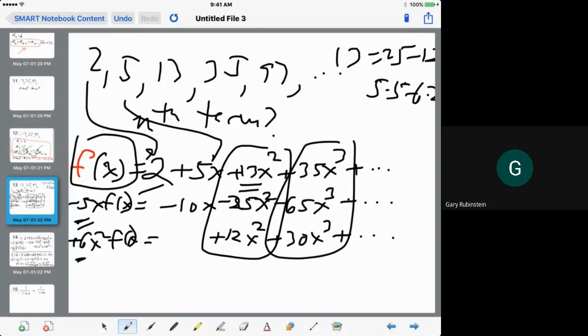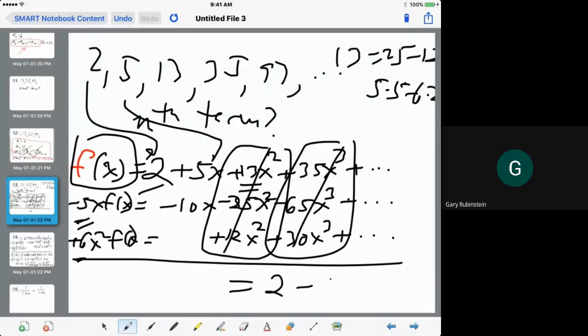And yes, Patrick says add them, and that's right. Because when you add them, almost everything cancels out, except for 2 minus 5x on the right-hand side.